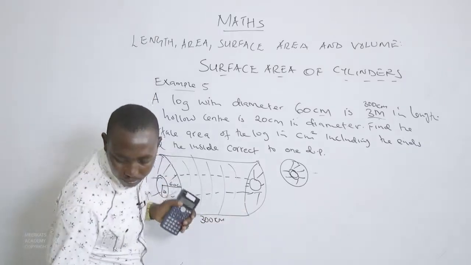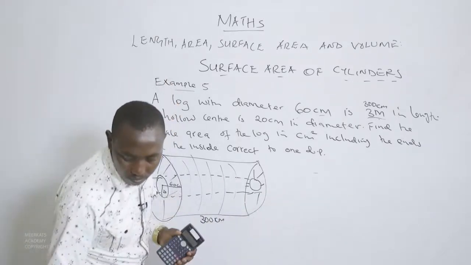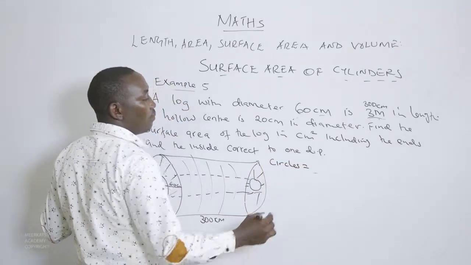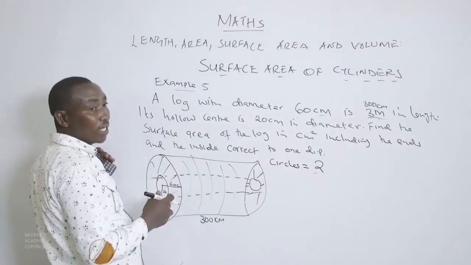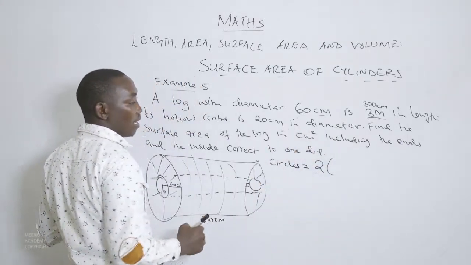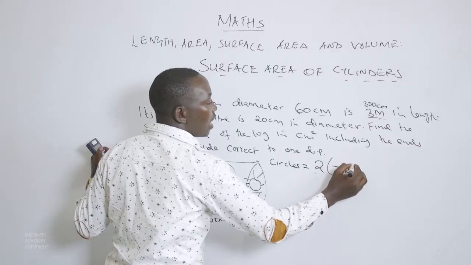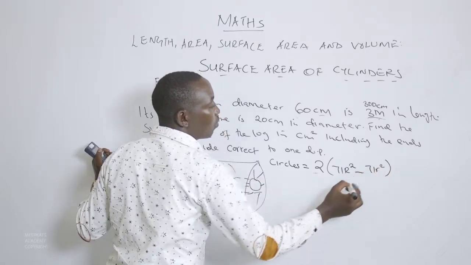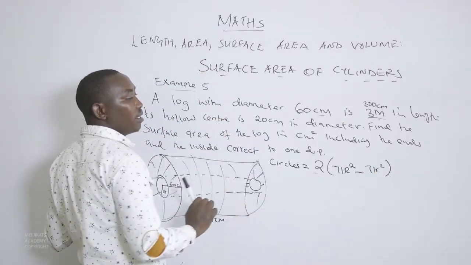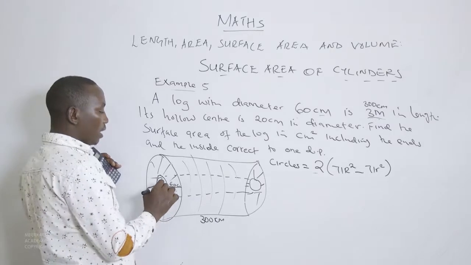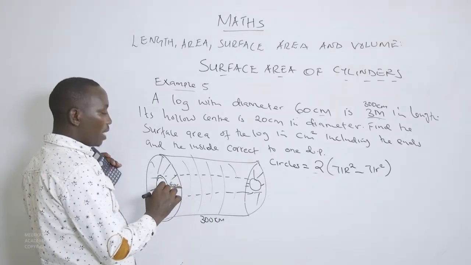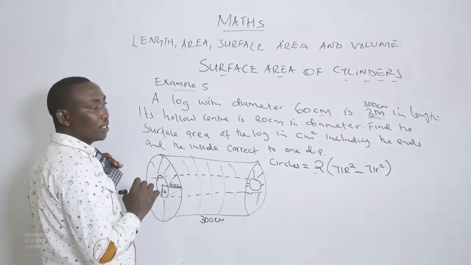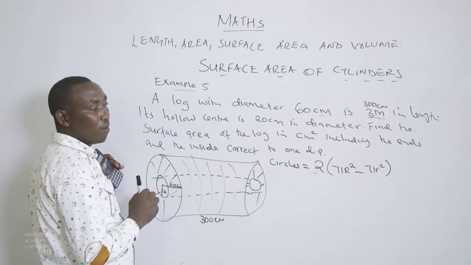In this case, the area of the circles shall be twice, first because there are two, multiplied by pi R squared subtract pi r squared, where the capital R is the radius of the whole log, and small r is the radius of that particular hollow part.